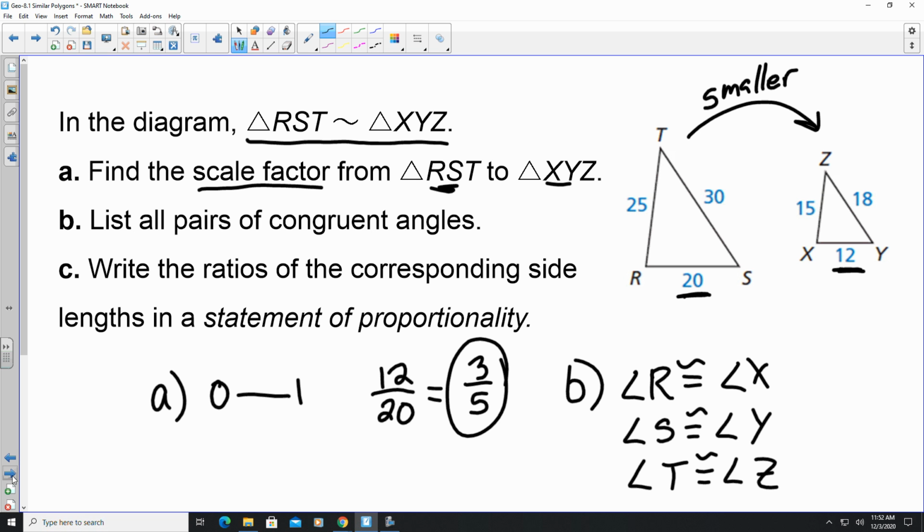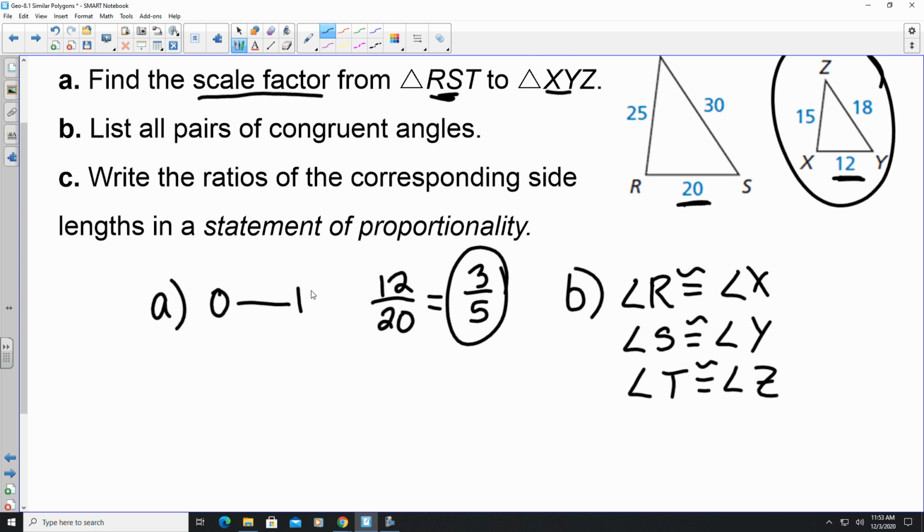The last thing it says, write the ratios of the corresponding side lengths in a statement of proportionality. So you are just simply going to write it as follows. Since it was 3/5, we're taking all of the side measurements of the smaller triangle for part C, and we're going to write it out. So we already did XY.